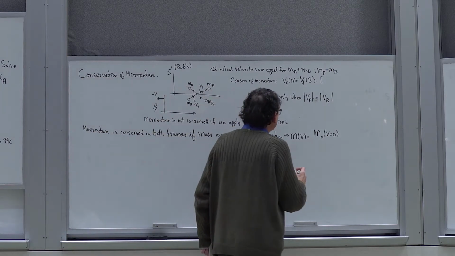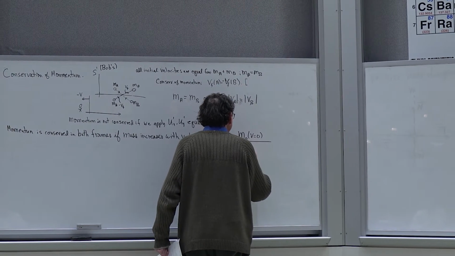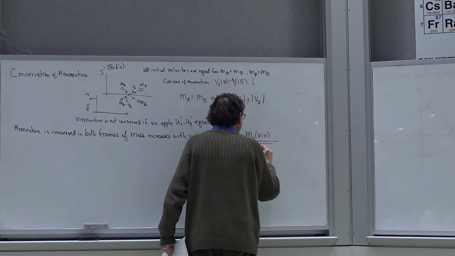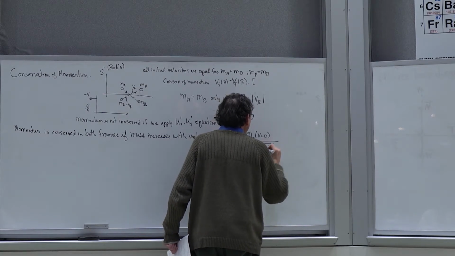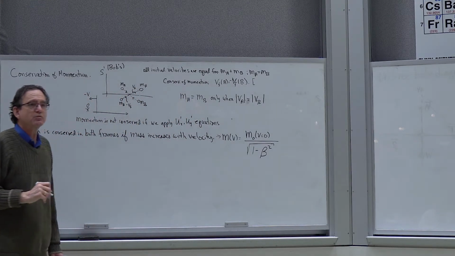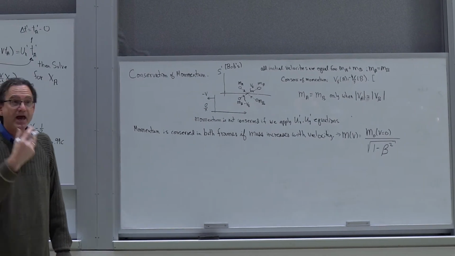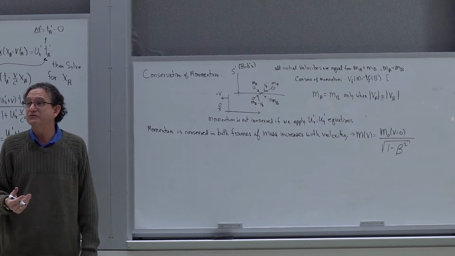And what Einstein showed was that the moving mass, which is what I have to use in order to bring back conservation of momentum, was equal to m0 over the square root of the same factor that we used for time dilation and for length contraction, which now also applies to mass. And it shows that the mass, or the weight, of an object increases as it goes faster and faster.